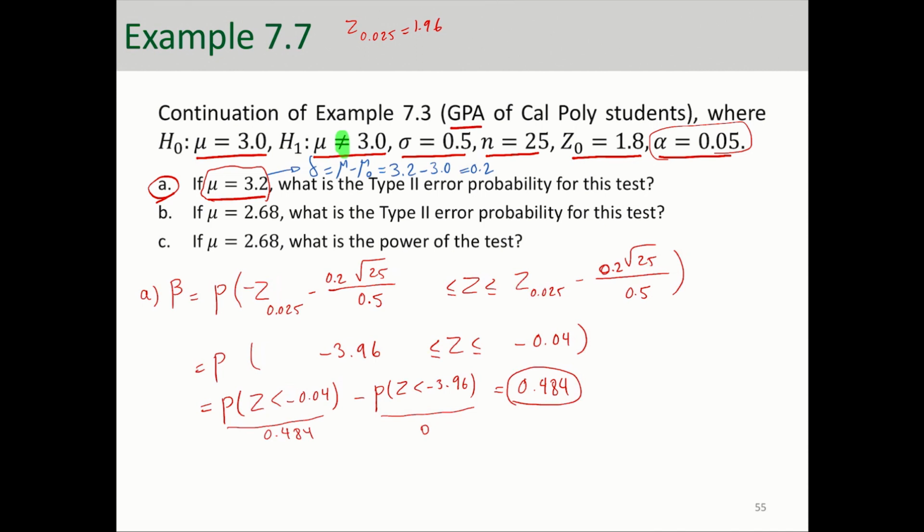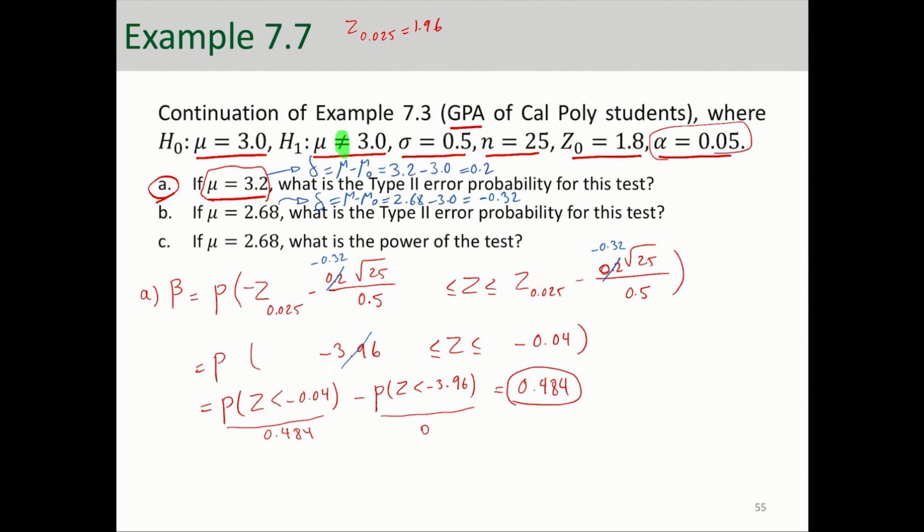So what we need to do is everything stays the same except there's going to be a new delta, mu minus mu naught, in this case 2.68 minus 3.0, which is negative 0.32, right? Now I have to replace 0.2 with negative 0.32, negative 0.32.